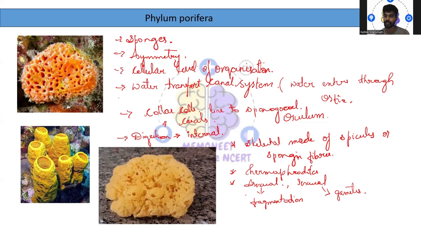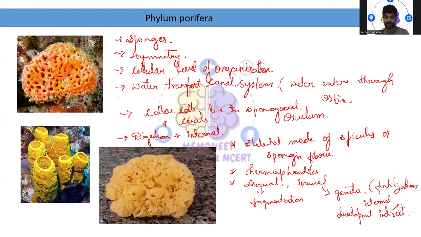And what about the development? Fertilization is internal because sexes are the same, they are not separated. What about development? It is indirect.